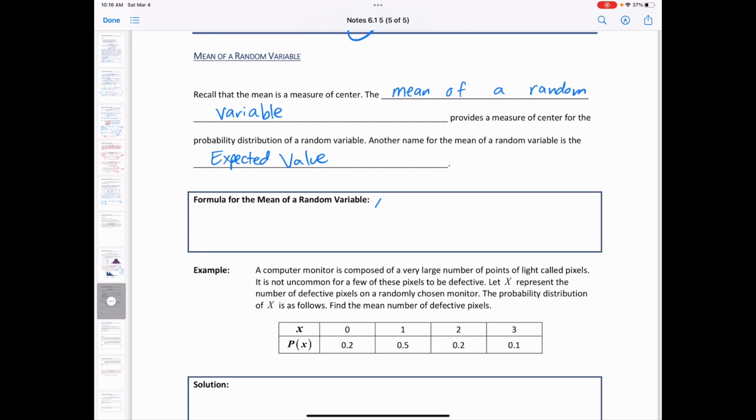What you're going to do is multiply every value by its probability. Then you're going to add the products.